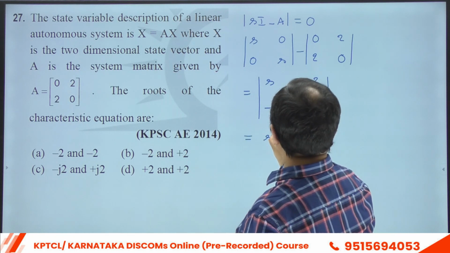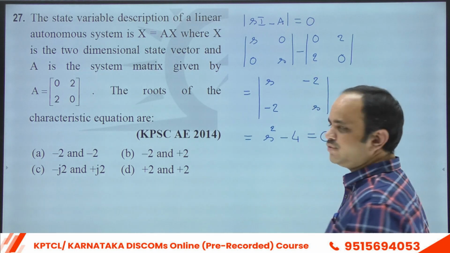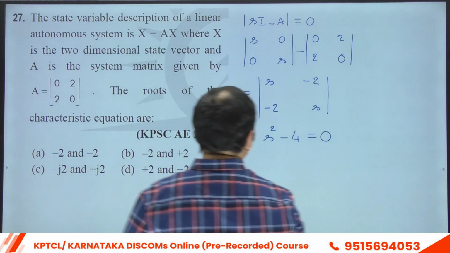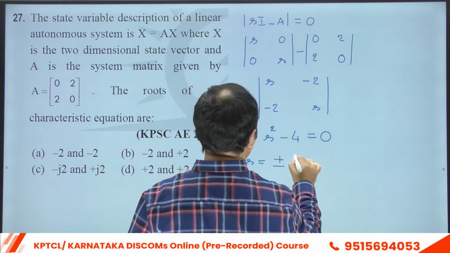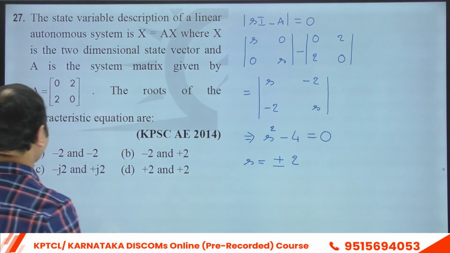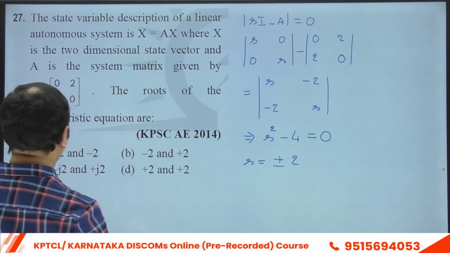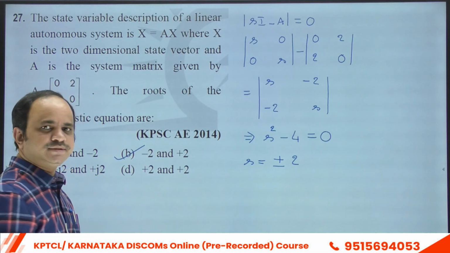Therefore, what is the value here? s² minus 4 is equal to 0. So, from this we will get s equal to plus or minus 2. You should be careful here whether it is plus or minus 2 or plus or minus j2. Minus 2, plus 2. This will be the answer. Okay.